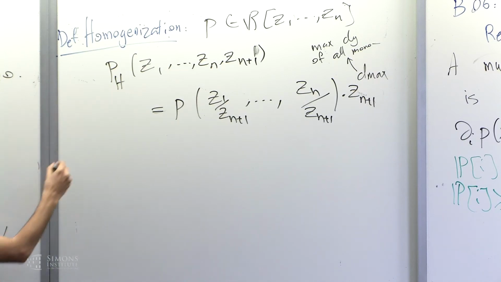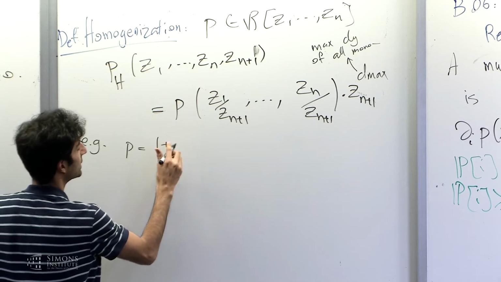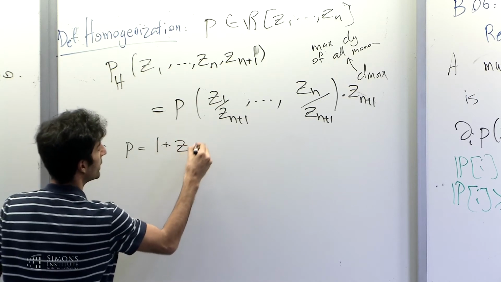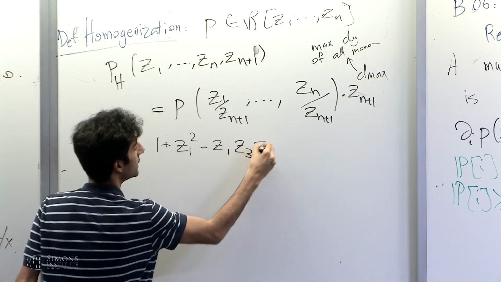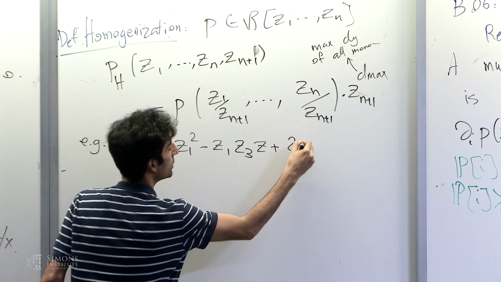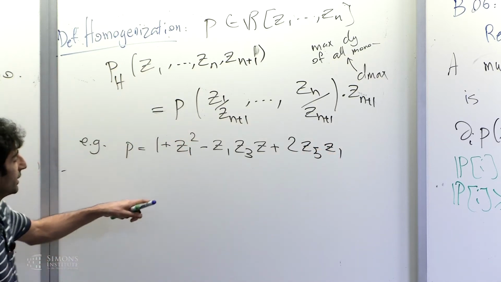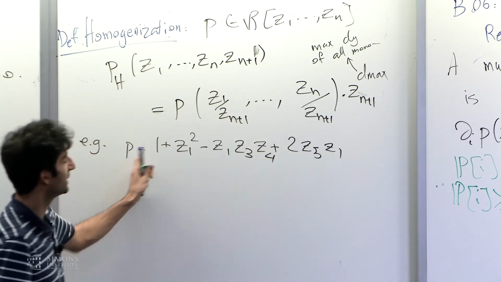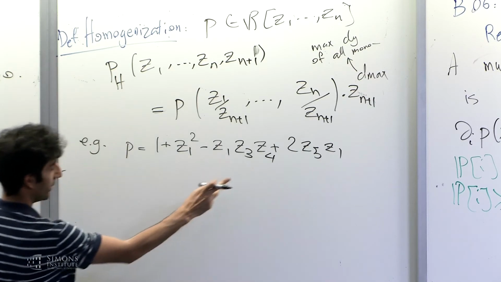Okay, so for example, if P is equal to 1 plus z1 squared minus z1 z3 z4 plus 2 z5 z1, then this has degree 3.